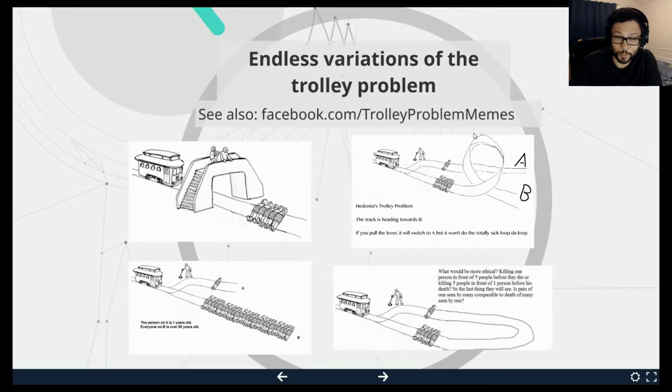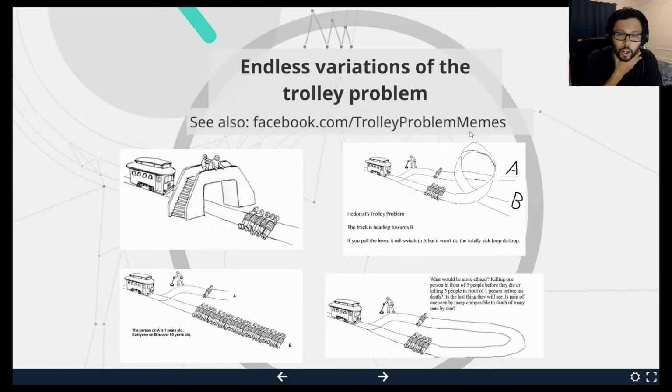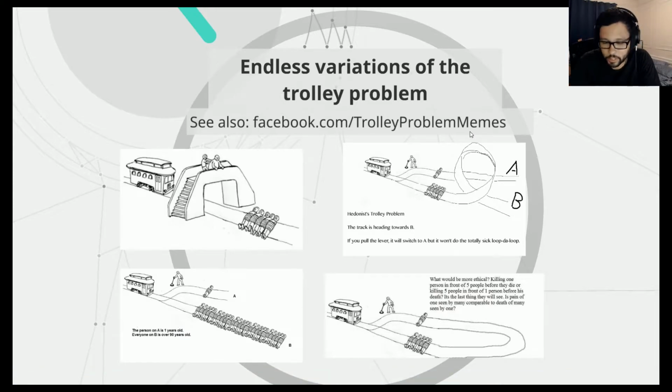In fact, we'll look at some of these when we do the autonomous car debates in the later part of the class. These kinds of trolley problem questions have become a popular tool in the toolkit of philosophers and ethicists. So we'll see lots of variations of these cases.